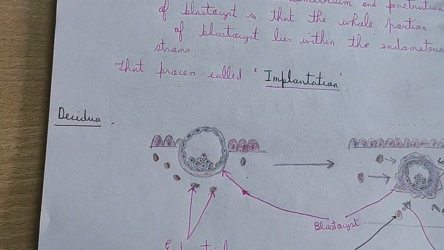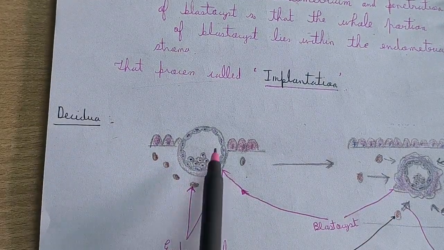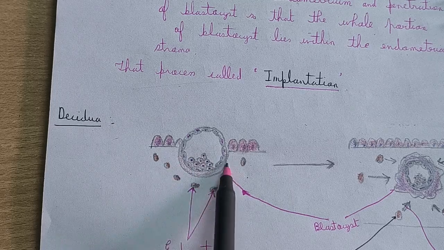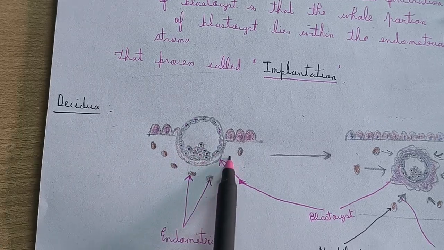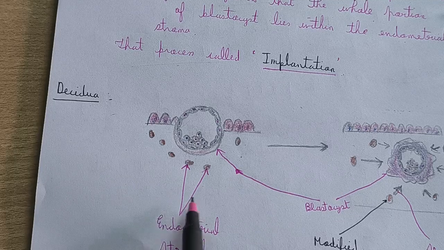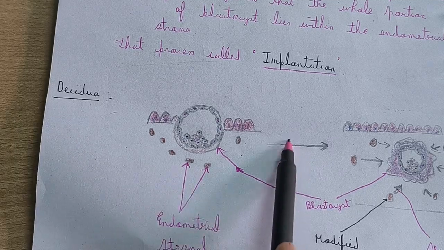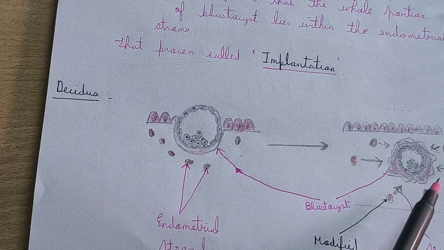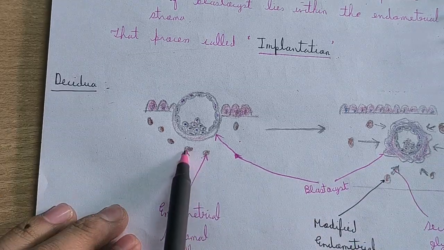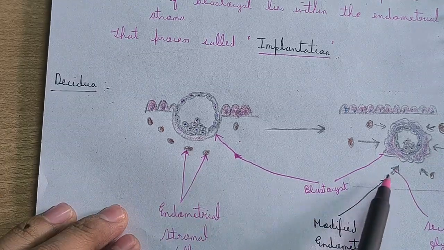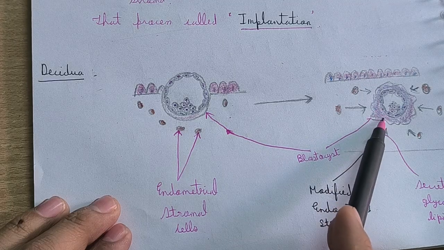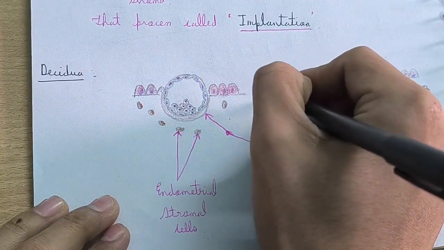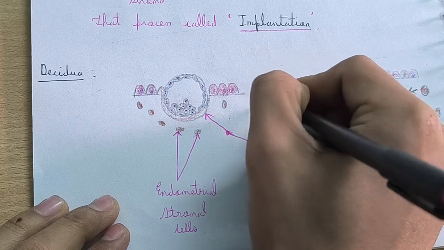And now, during the process of implantation, when some portion of the blastocyst enters inside the endometrial stroma, then a reaction occurs, and that reaction stimulates all the endometrial stromal cells to secrete nutrition for the developing embryo or for the blastocyst, and that reaction is the decidual reaction.